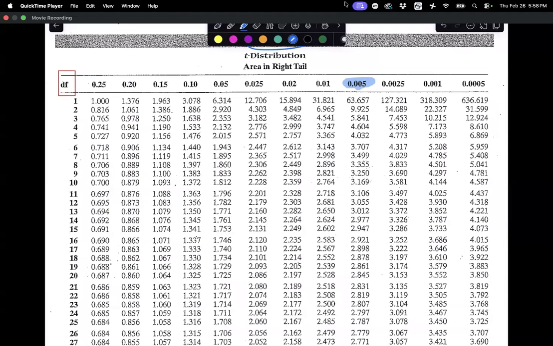So degrees of freedom, n minus 1. So we're using 16, n minus 1 degrees of freedom. I'm coming right over here. Our t value is 2.921 because it's under the 0.005 and it's n minus 1 degrees of freedom. So we're using a t value of 2.921.